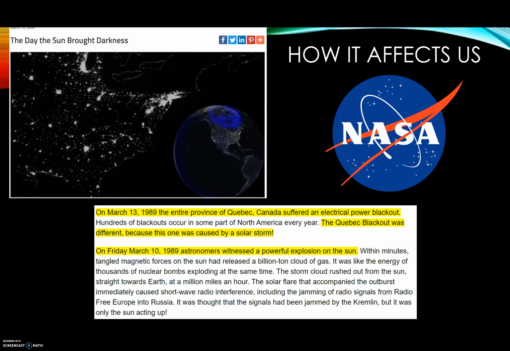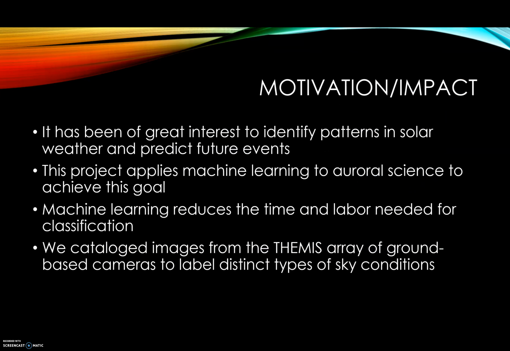These ejections can happen at any time, and we have very little time to react when they do. So this leads us into the motivation for our project. It is of great importance to better understand how the Earth interacts with solar weather and to better identify patterns to predict future events, to avoid these blackouts and further damage to our electrical infrastructure.